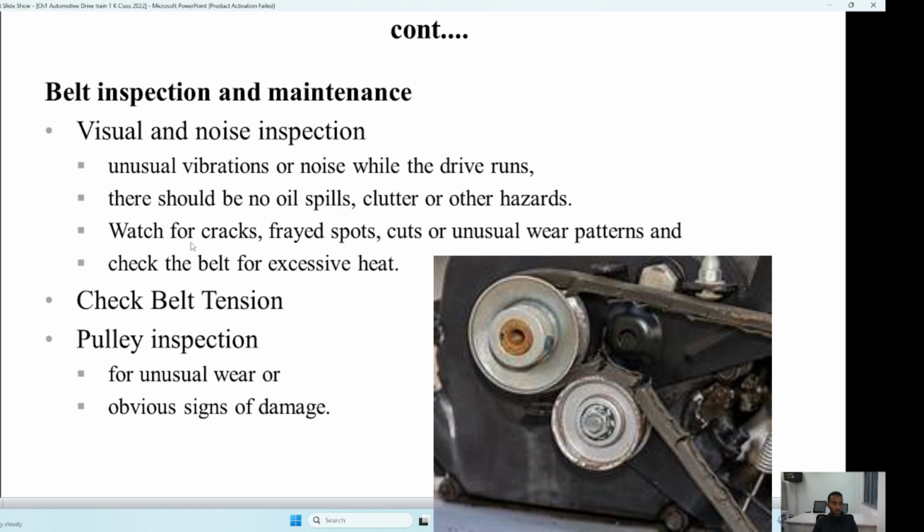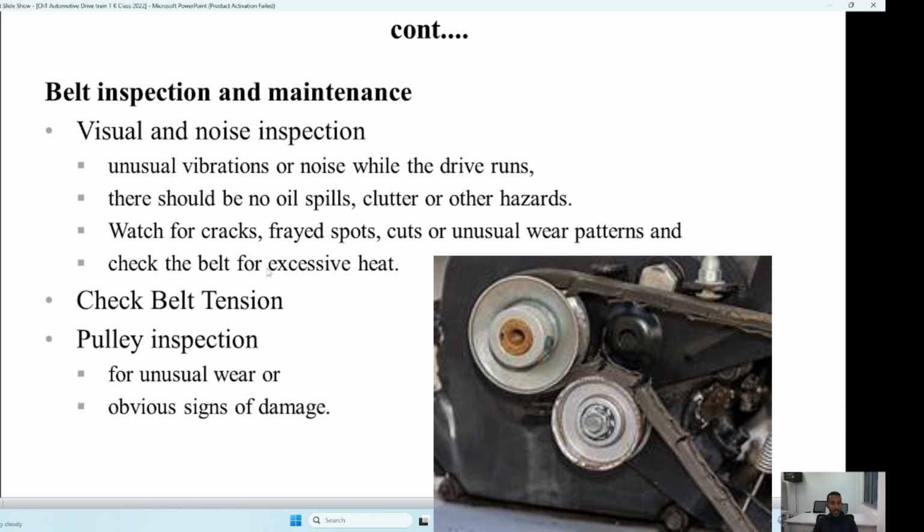That's why we need to check for cracks, fried spots, cuts, or unusual wear patterns on the belt, because mostly these belts show some indication before they fail totally. They show some cracks, fried spots, and unusual wear before they are damaged totally.